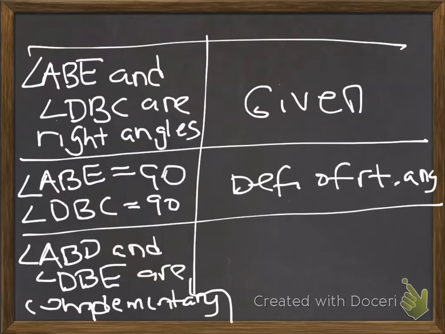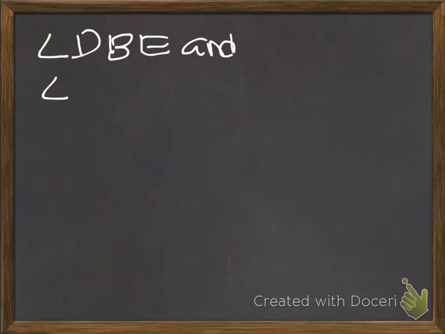So we said that they're complementary, as well as the other set of angles that equal 90. Let me go to the next page. So angle DBE and EBC are also complementary.